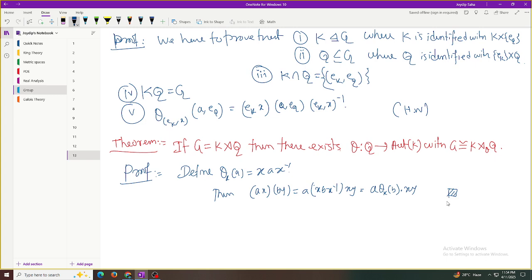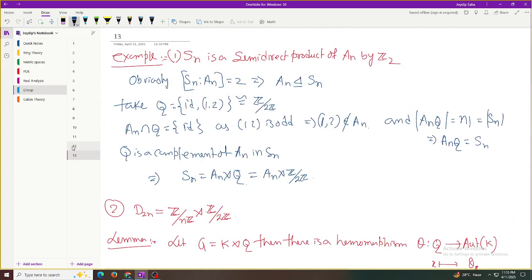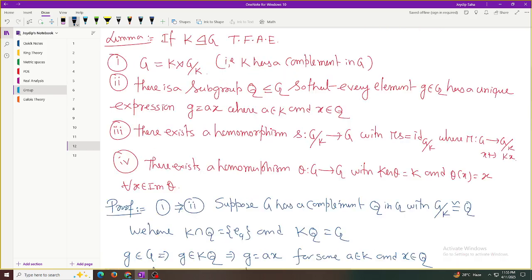So, what is the importance of this class? This is your systematic way of classification.